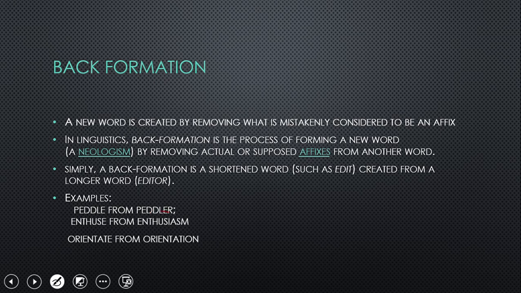So from peddler I have removed er, and there will be a new word called pedal. Same goes for another word, enthusiasm. If I remove asm from this one, I will get a new word. And there is another example, orientation. If I remove this ion that is supposed to be a suffix, the new word would be orientate.